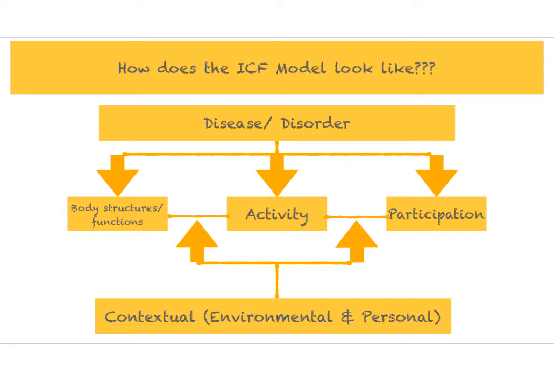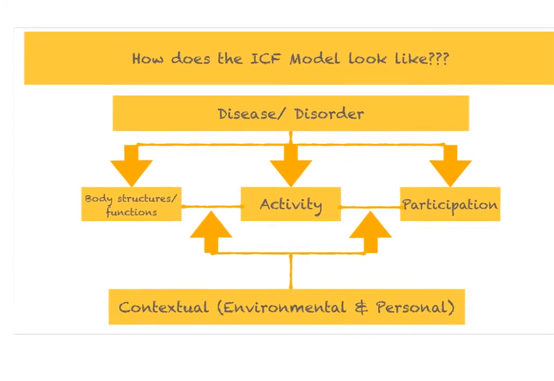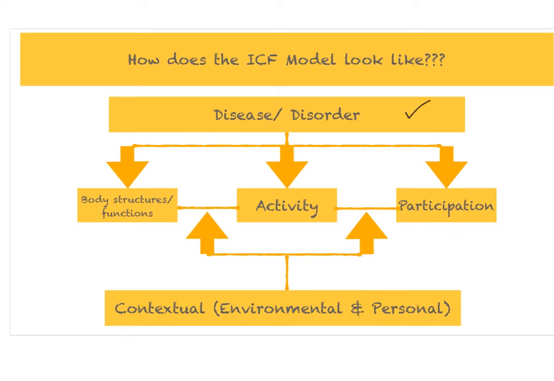So from the disease right here, on top, will emanate 3 divisions. Okay, so you have here the first one is the body structures or functions, and then the activity, and then the participation. So any problem with the body structure or with the body functions will now be called the impairment.